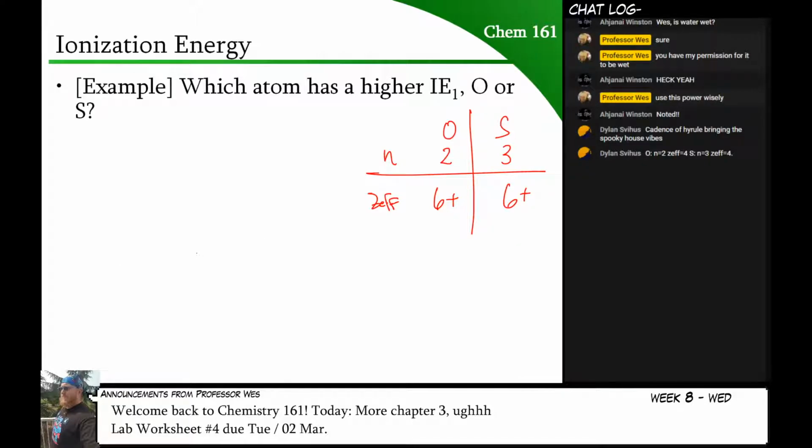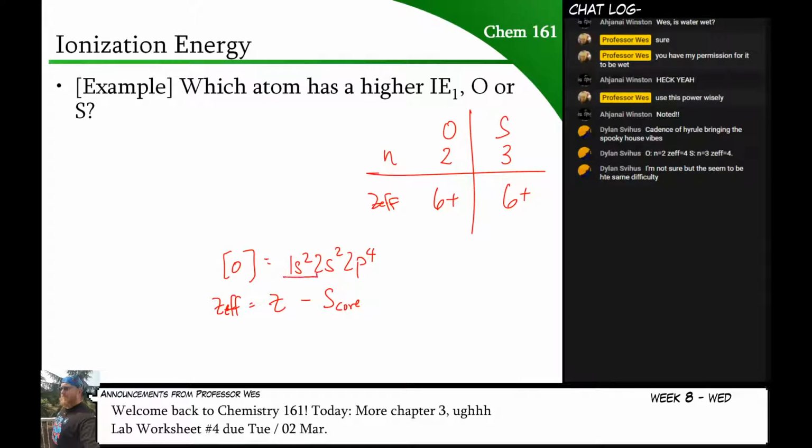Because if I write the electron configuration for oxygen, oops, it's not 2p6. That's neon. And I calculate Z effective, that would be the number of protons, or atomic number, minus the number of shielding core electrons.